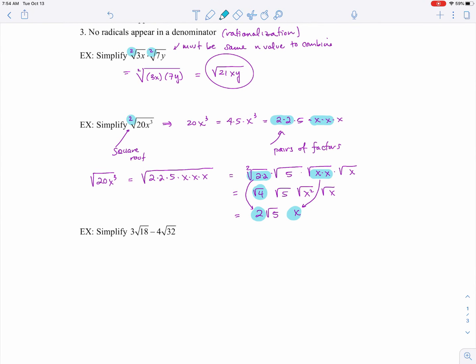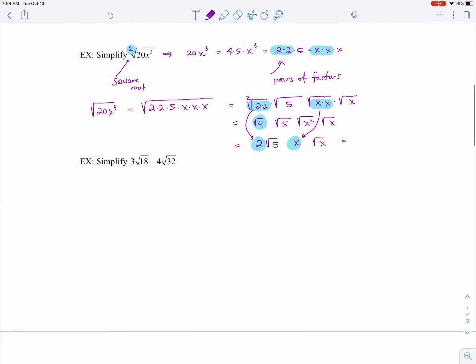That's how that simplifies. And then we're left with the square root of x. So I can regroup these as 2 and x outside, and then I have a 5 under the radical and an x under the radical, which I can rewrite one more time as 2x square root of 5x. So the idea is to liberate whatever you can out of the radicals, and these are the values that eventually I pulled out of the radical, and everything else was left.